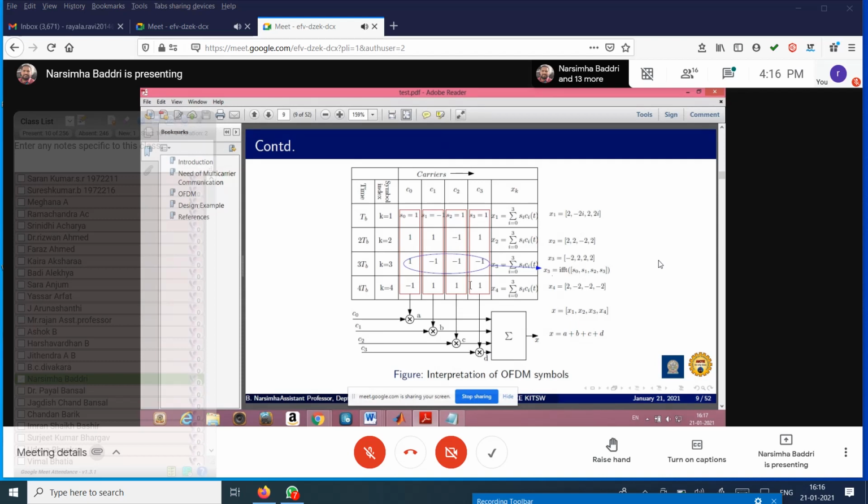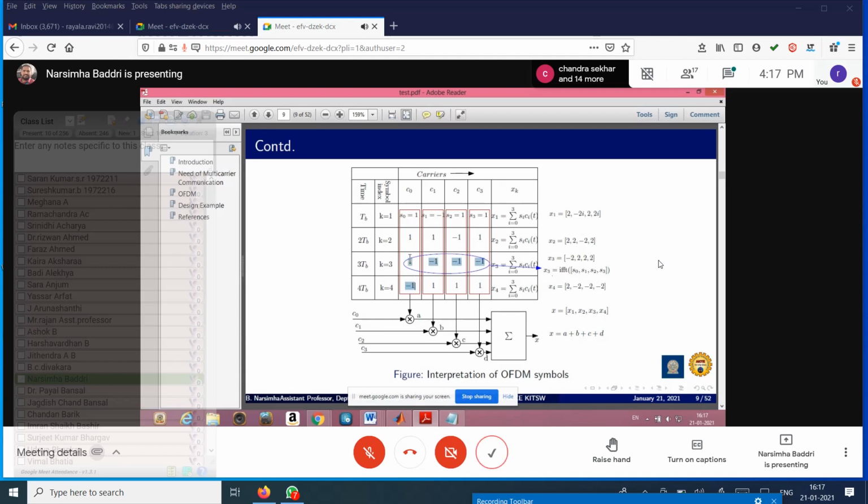When we give that data to the serial to parallel converter, this 16 bits will be converted into 4 parallel streams. Each stream will have 4 bits. So this is the first row, having 4 bits, then the second row, third row, fourth row. So this complete 16 bits is arranged in a 4 by 4 matrix form.